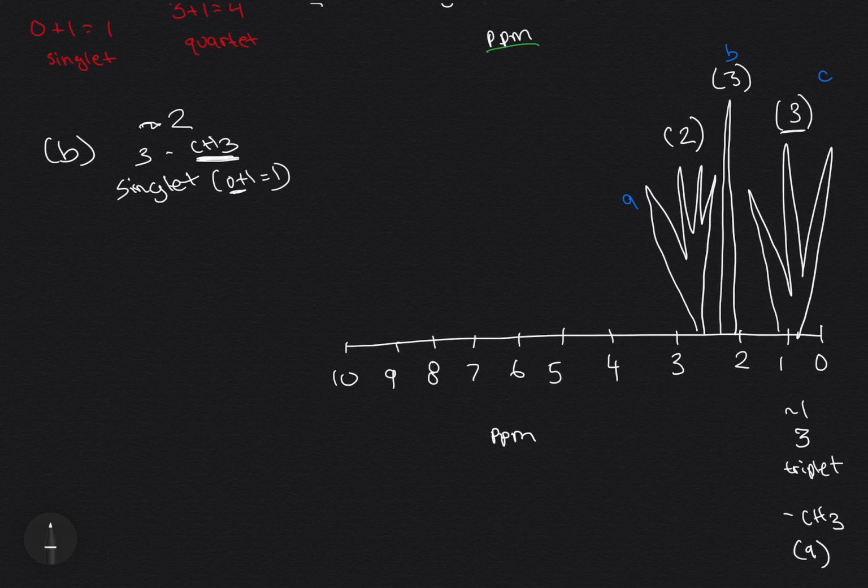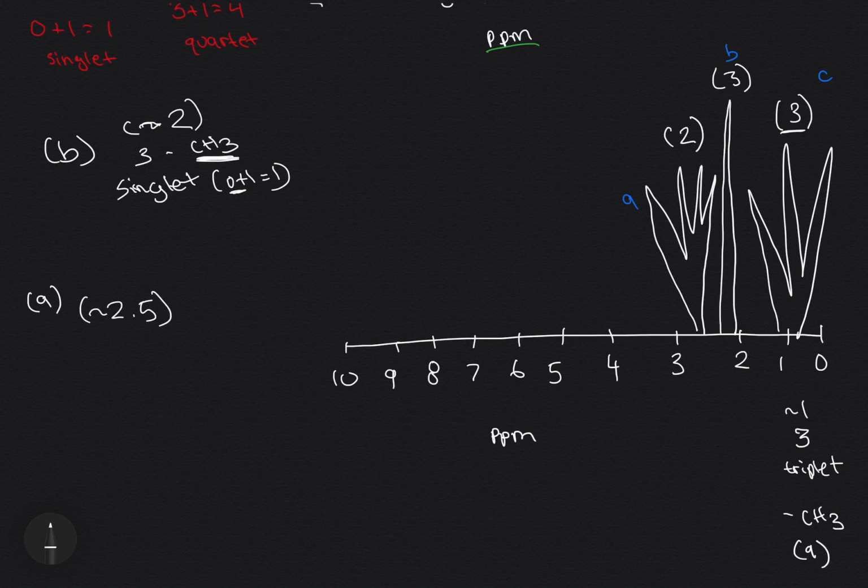That would make sense. Let's go and do the next one though, because we just want to make sure we have an idea of this whole molecule. Okay, so right off the bat, the chemical shift is at approximately 2.5-ish, in that 2 area there.